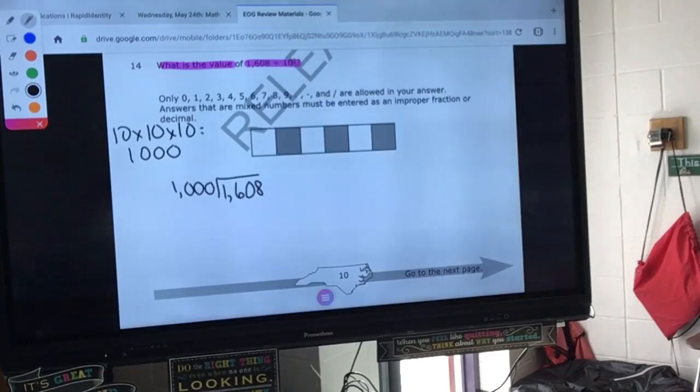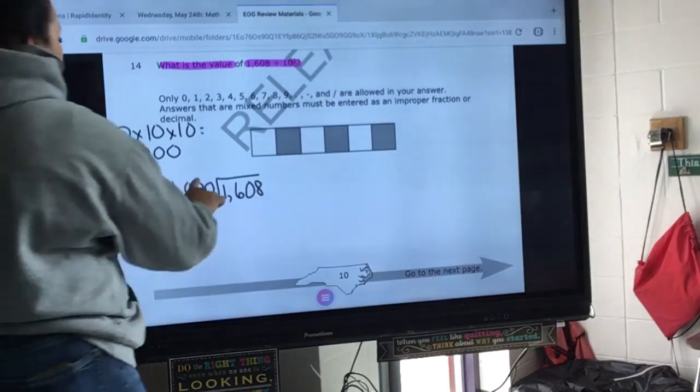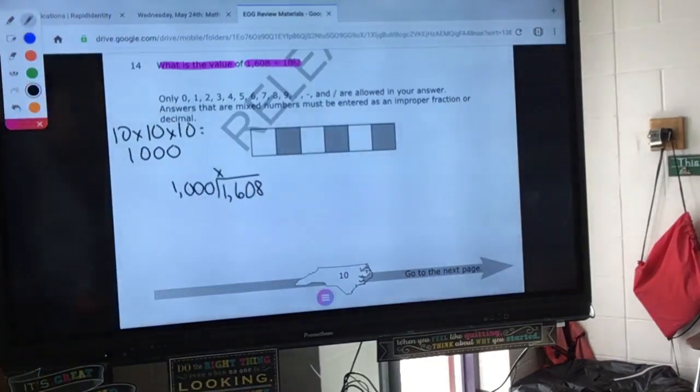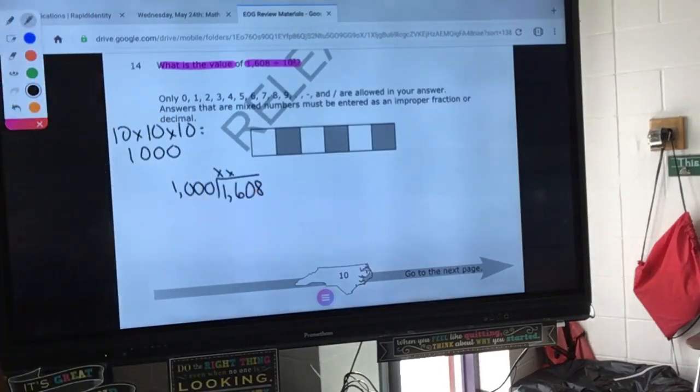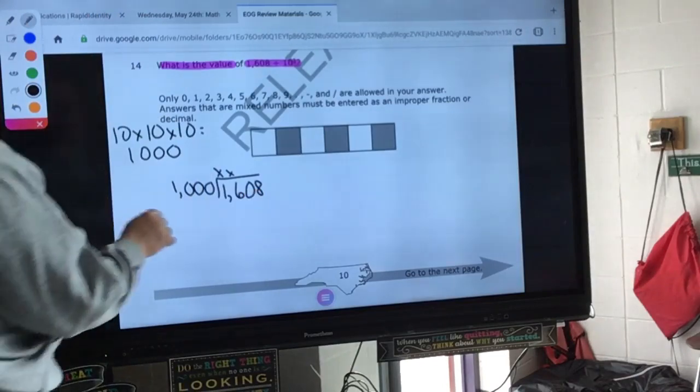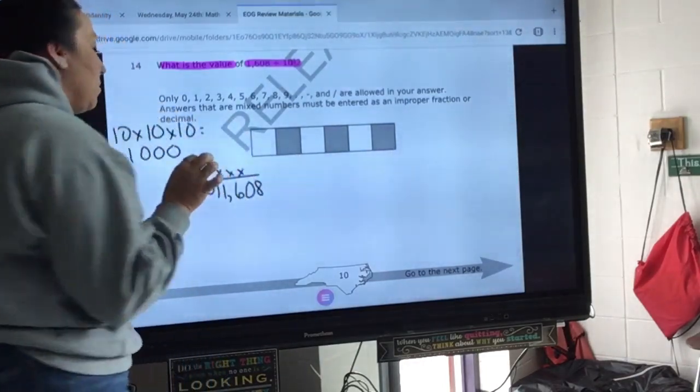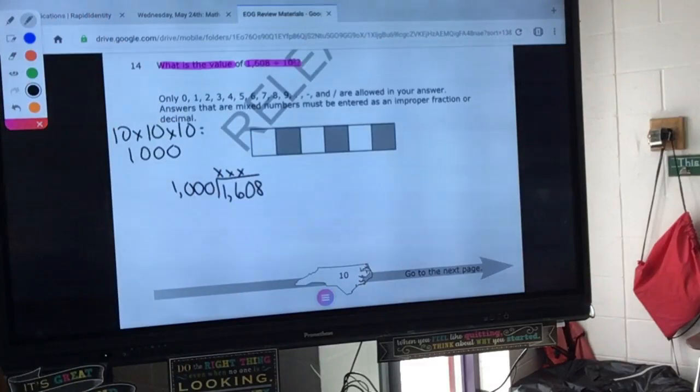This is where you gotta know place value. What can I multiply 1,000 by to get 16? Nothing. What can I multiply 1,000 by to get 160? Nothing. Now, what can I multiply 1,000 by to get 1,608? 1.